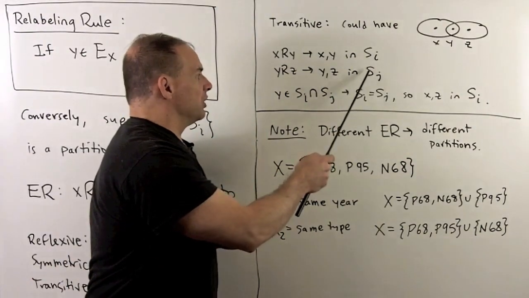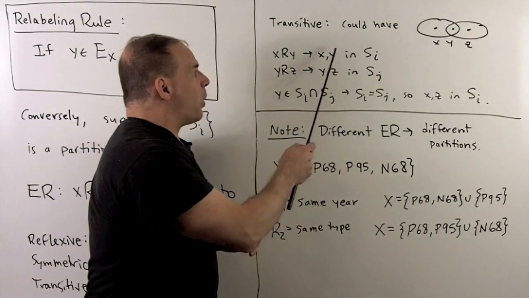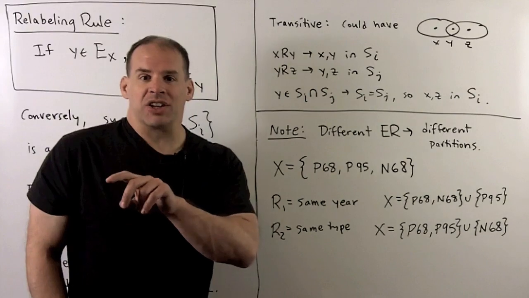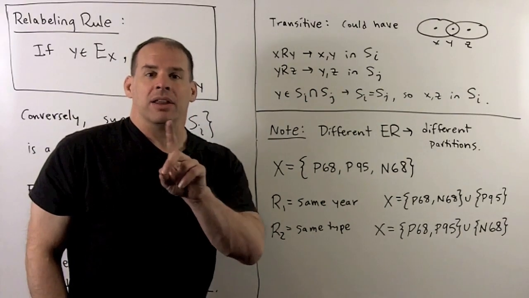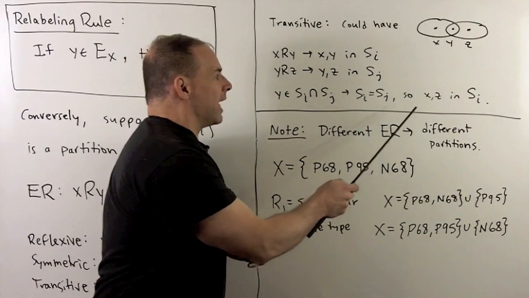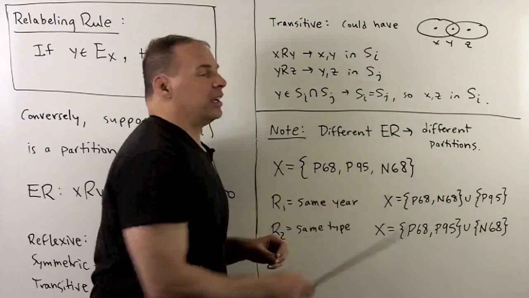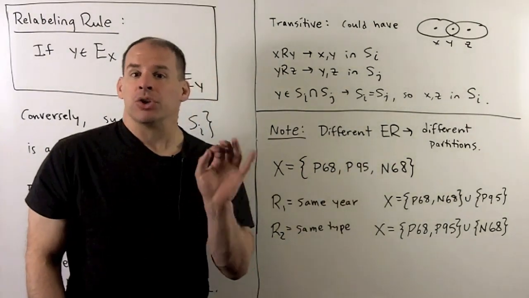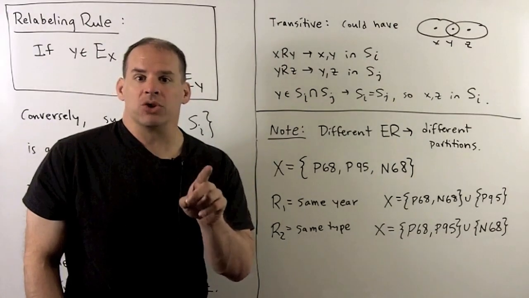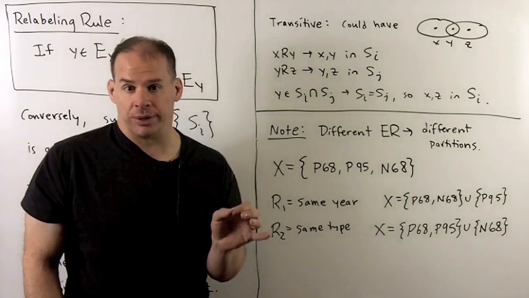If we take the intersection of these, we know that we have at least y in both of them. So if the intersection's not empty, then these two sets are equal. If they're equal, then that means that x and z are in the same S sub i, so they're related and we have transitivity. So that means we have an equivalence relation coming from the partition.